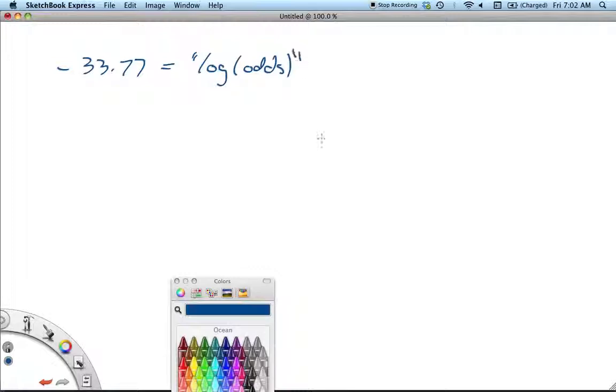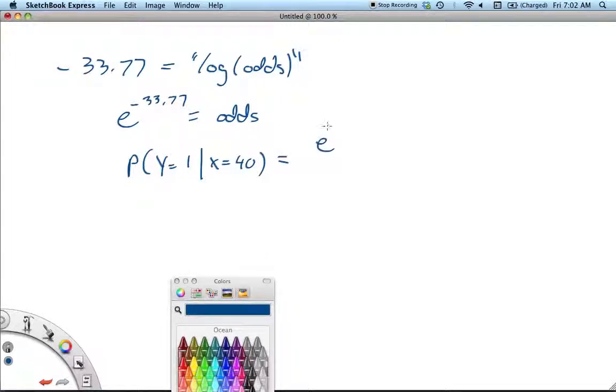Okay. Well, what does this mean? This means that e to the negative 33.77 is going to be equal to the odds, which means that the probability of getting in should be equal to e to the negative 33.77 divided by 1 plus e to the negative 33.77.